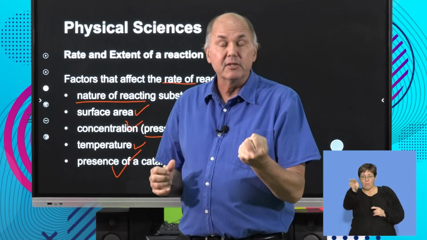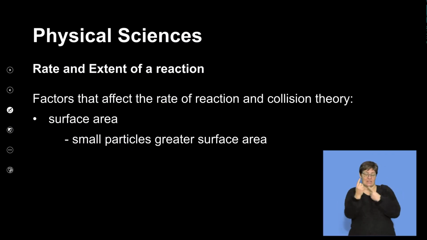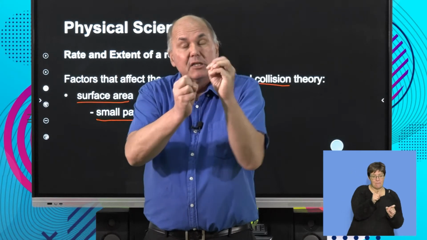It brings things together so that they can latch on and collide with each other. So let's look at the effect in terms of collision theory. I want you to remember that if you want to increase the surface area, you've got to make the particles smaller, because there's gaps between those little particles.